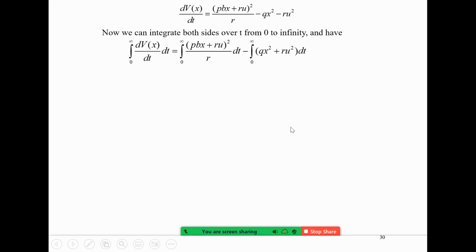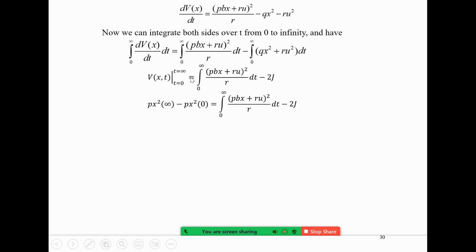On the left side, because this is the change rate of v, we do the integral. Let's plug in the expression of this Lyapunov function. It's just px squared at infinity minus px squared at 0.